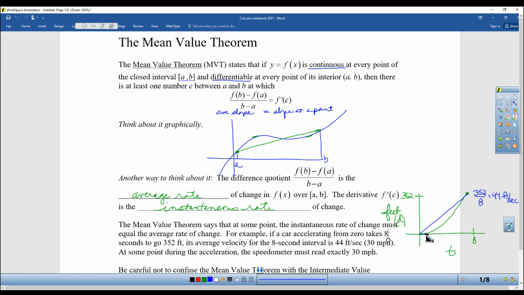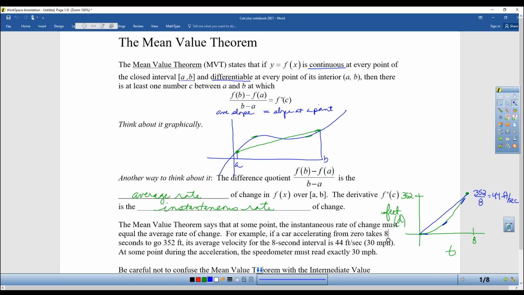It wasn't here. The second you took off, it wasn't 30. And by the end of the 8 seconds, you could be going well faster than 30 miles per hour, right? In 8 seconds, you can definitely get up to like 50 or 55. But at some point, your average was 30. So at some point, you must have actually been going 30. That's the mean value theorem.